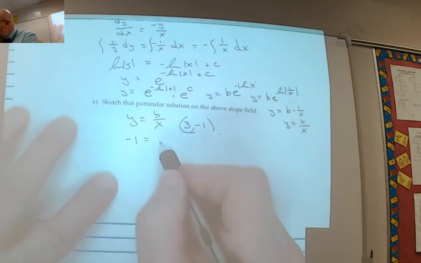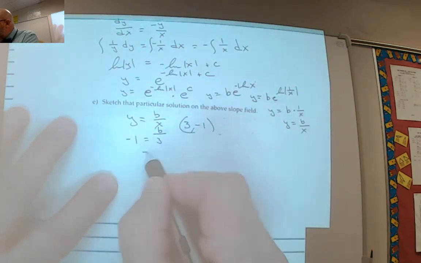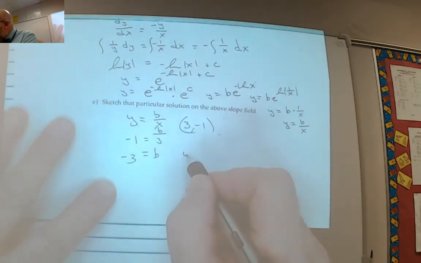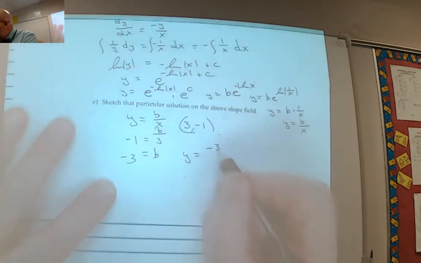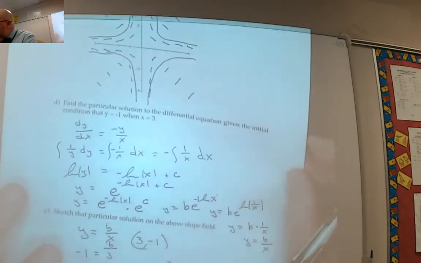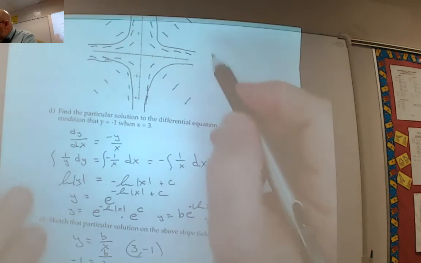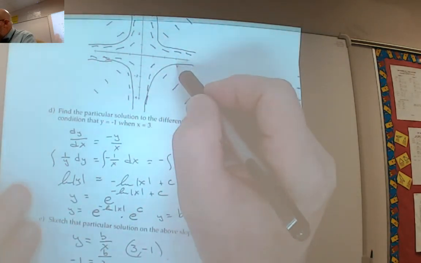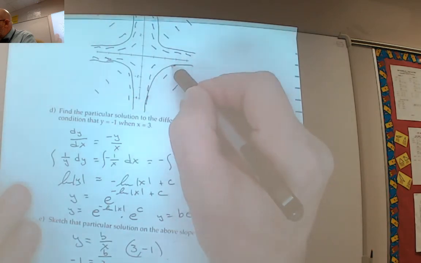Here I'm going to have 3. Over here I'm going to have b. What's b got to be equal to? -3. So now my equation is y equals -3 over x. Well, where is that? (3, -1) is right here. That's got to be my graph.